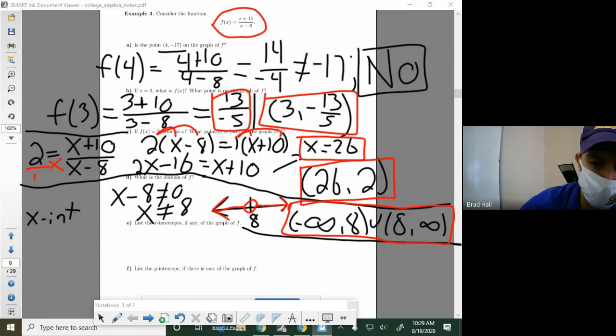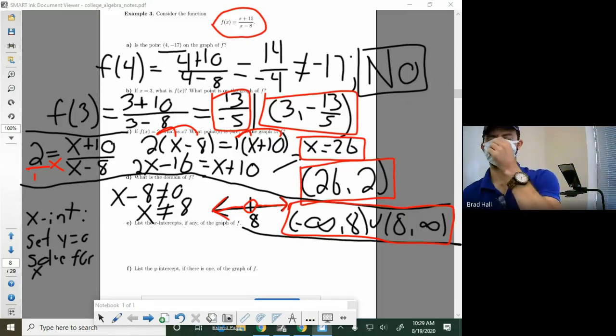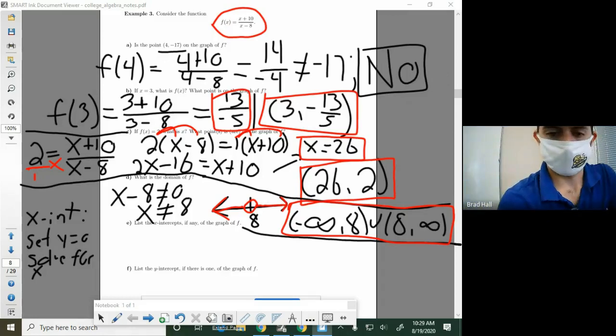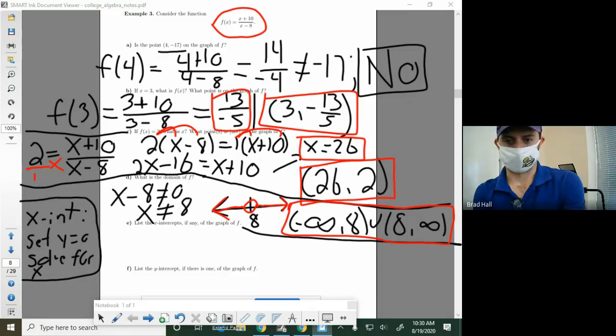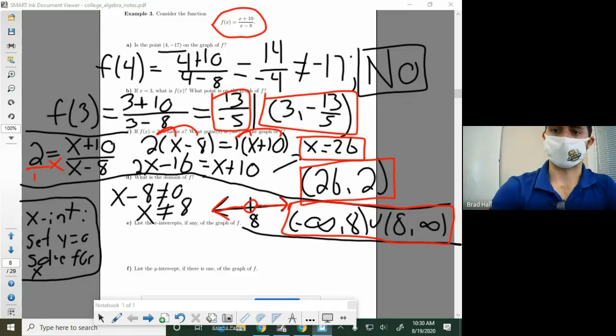See if I can squeeze that in here. I'm also going to talk about this in a future section, but you'll have a few homework questions that will ask you to find the x-intercept or the y-intercept in a manner very similar to this, but that's pretty much the blueprint right there.